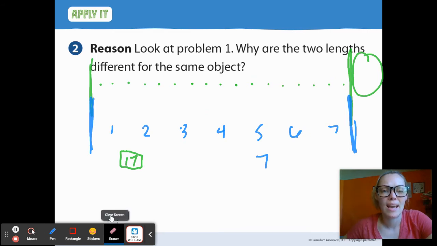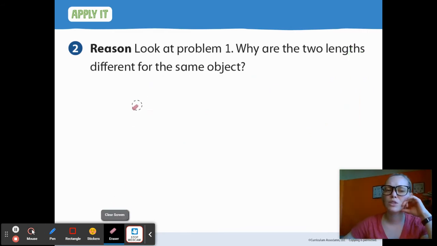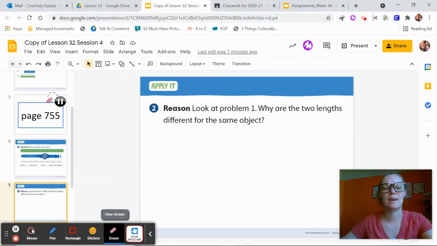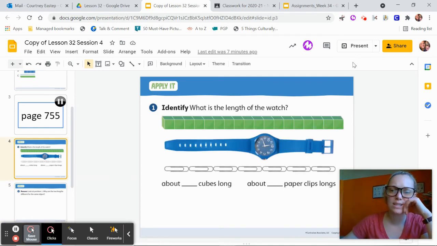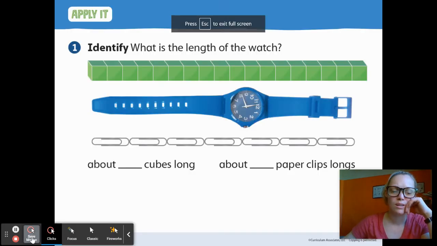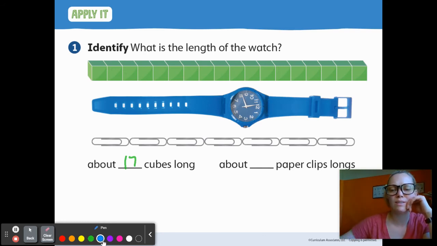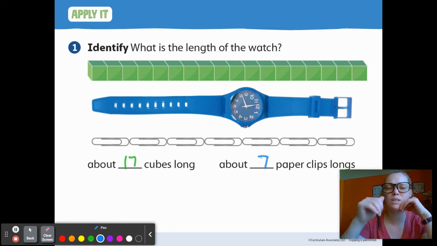Now, why are the two lengths different for the same object? Why did we get 17 for the green cubes and only 7 for the paper clips? Why do you think that is?